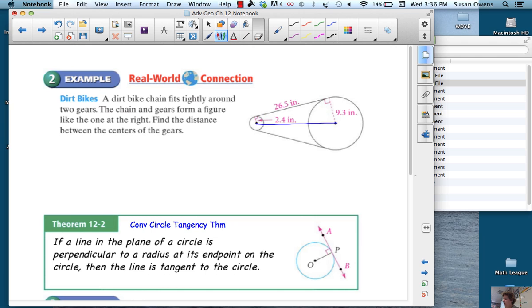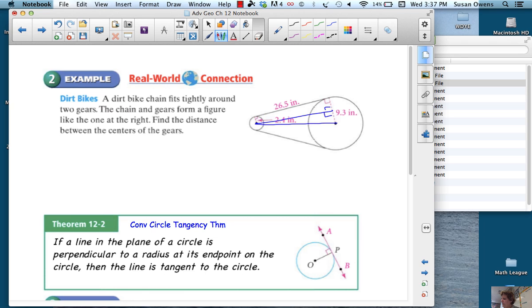Okay. So what I have is basically a trapezoid. And what I'm going to do is draw a line that goes from the smaller radius center, and I'm going to have it go perpendicularly to the other radius. And what I've created is a rectangle and a right triangle.